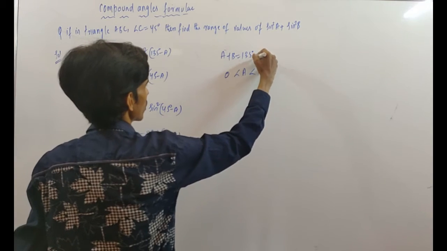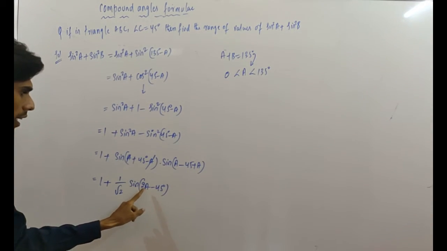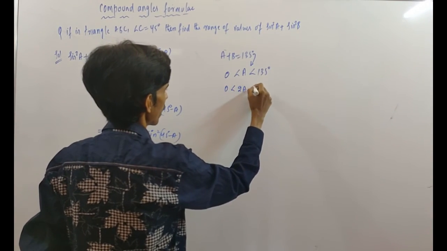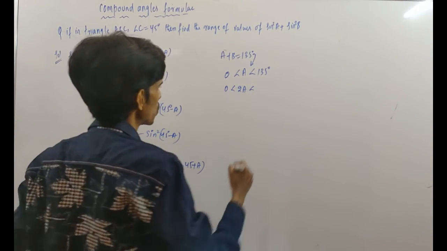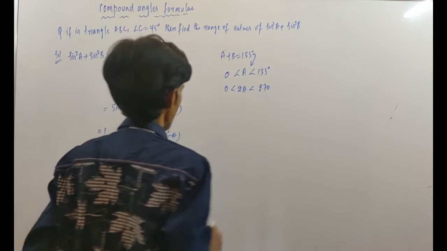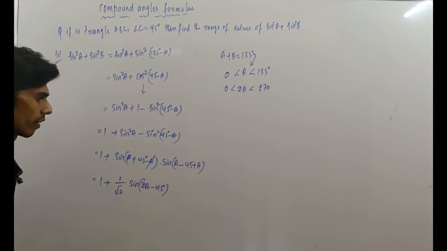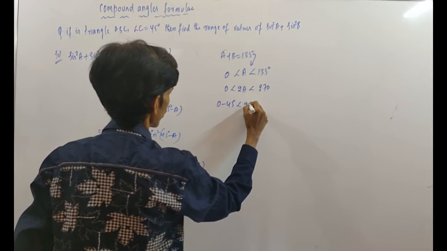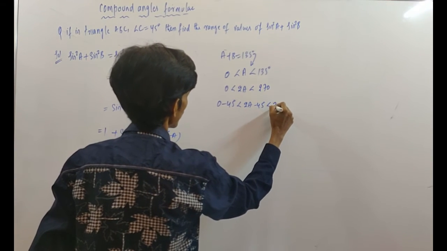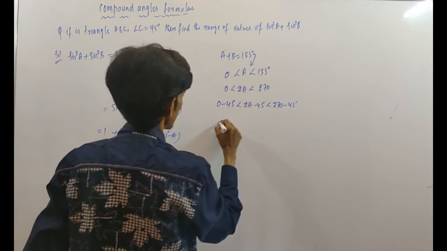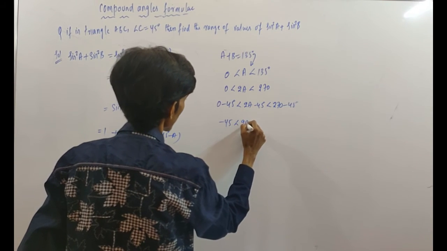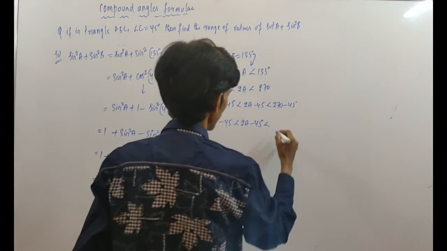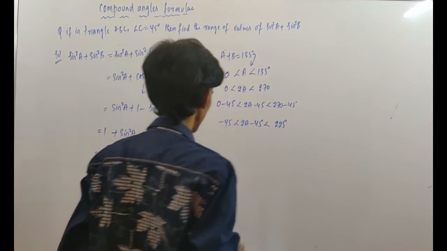Here 2A is there, so multiply by 2 on both sides: 0 less than 2A less than 270. Here we have 2A minus 45 degrees, so subtract 45 degrees: minus 45 less than 2A minus 45 less than 225 degrees.